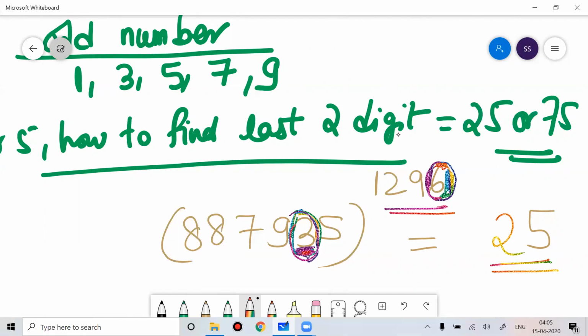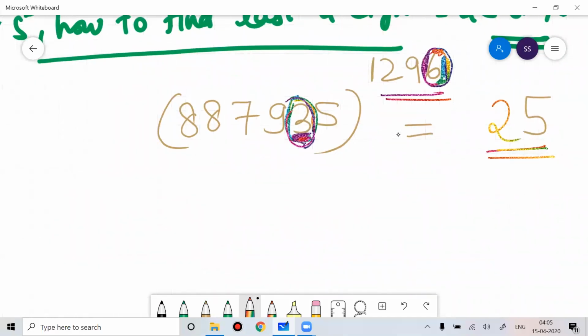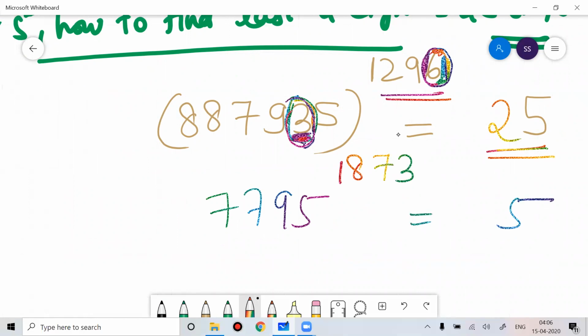In case your product is odd, then your answer would be 75. Something like 7795 to the power 1873: the last digit is 5, see the digit before 5, which is 9. Here 9 threes are 27, an odd number. So the last two digits of this number would be 75. I hope you understood for 5.